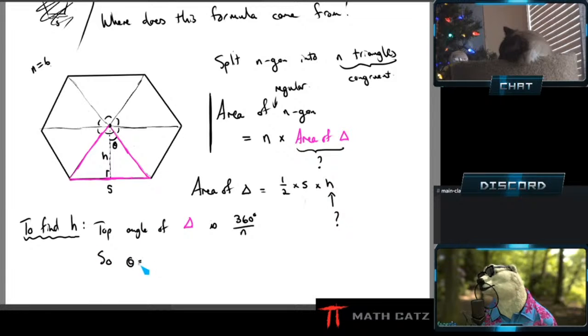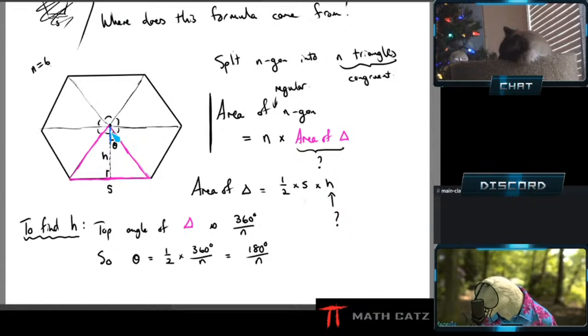So theta is a half of the top angle, which is then 180 degrees over n. That's my theta. And I need this because, just like before, I want to get down to a right angle triangle.